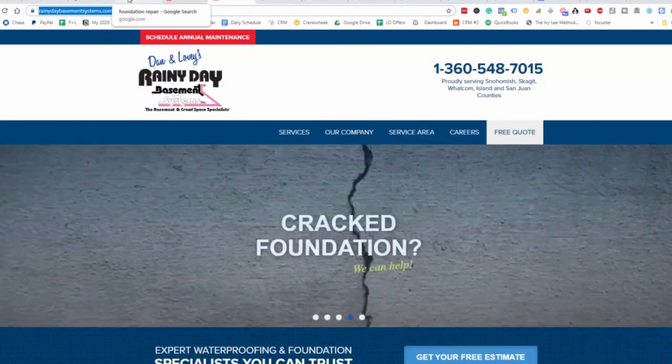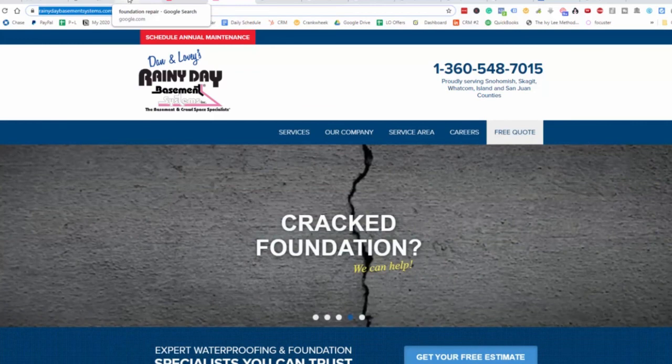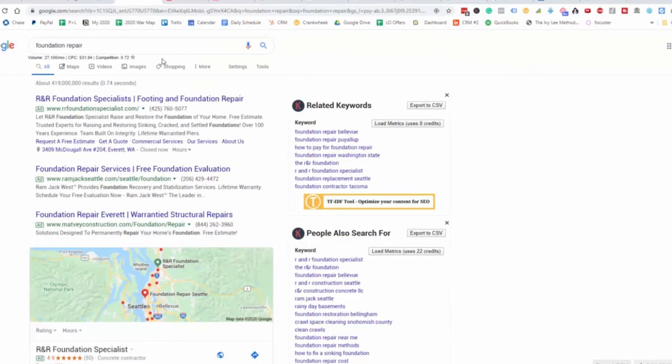That's one of the reasons why I love Google Ads, because with Google Ads or SEO, Google is telling us exactly what they're looking for. If we're looking at what these guys up here are doing, we can just go to their website, look at their landing page, look at their keywords, and automatically see what they're doing and then reverse engineer that.